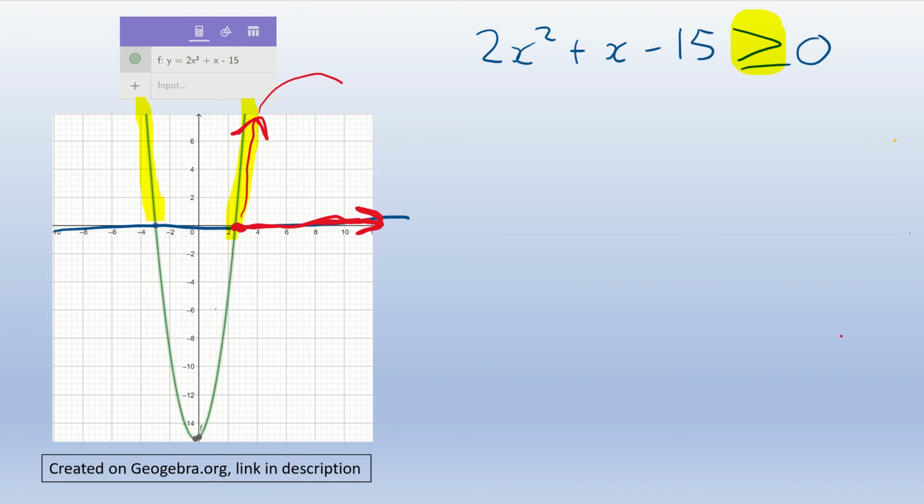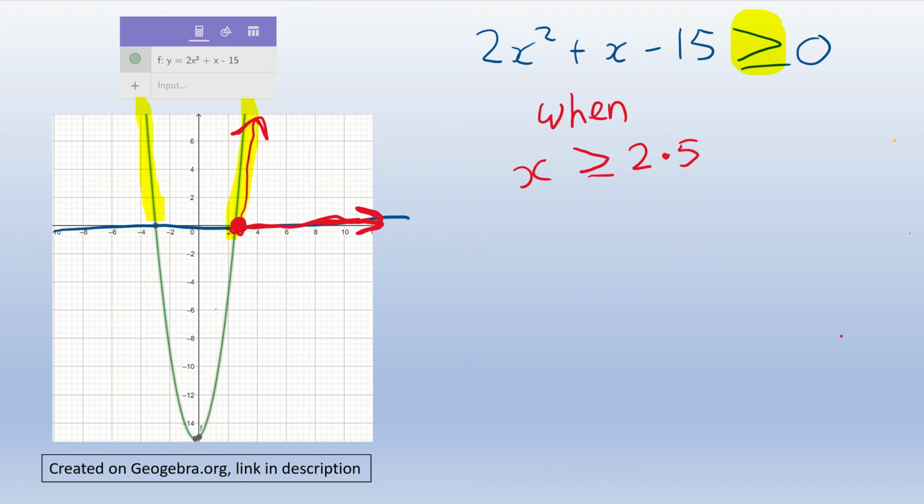That graph isn't going to loop back down again, because it's a smiley face. That smiley face is going to keep going forever and ever. So the way we would say that mathematically is, we have this statement here, 2x squared plus x minus 15 is greater than or equal to 0. That's going to happen when x is greater than or equal to 2.5.